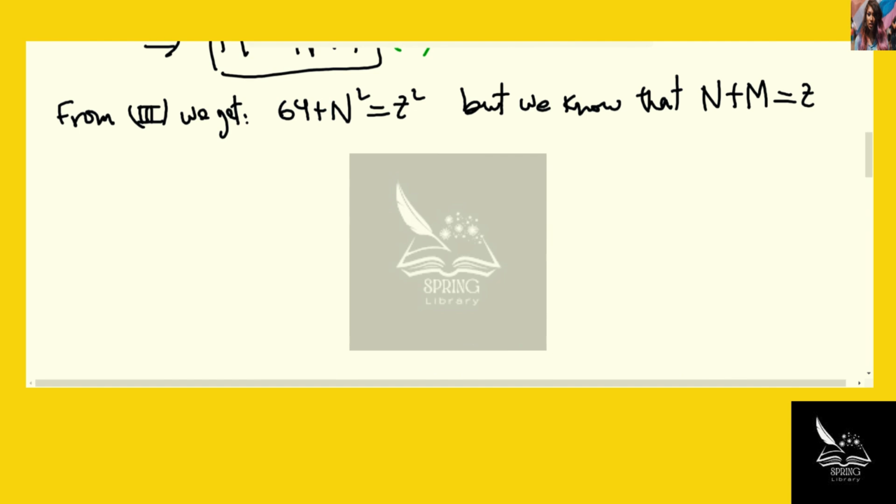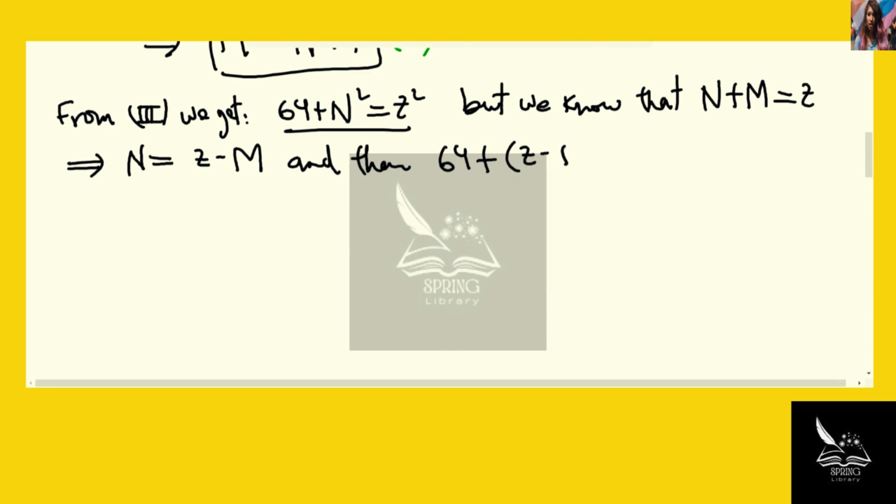So we can put n as z minus m and substitute that here. Then 64 plus (z minus m) squared is z squared.